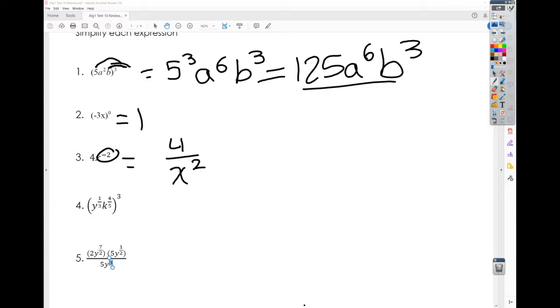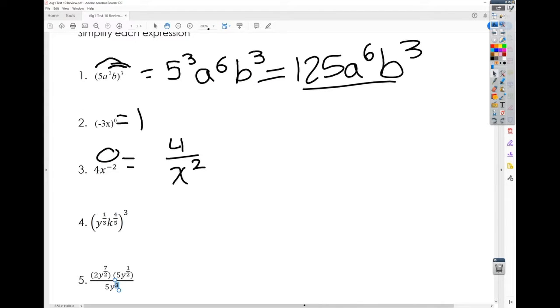And then on number 3, this is another problem where you can see that we want to distribute the exponent into the parentheses. Okay? So we got y to the 1/3, k to the 4/5 raised to the 3rd power. So I just want to distribute that 3, multiply it by the 1/3, and also multiply it by the 4/5.